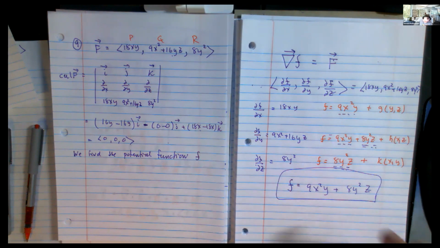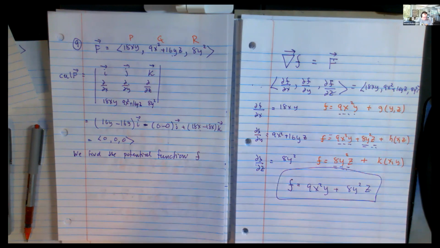But the cool thing is, if you know this guy, can't you do it? It only depends on where you start and where you finish, and it doesn't care how you got there. And if you're a conservative one, this works, right? And if you start at the same place and you zigzag around and you end up at the same place, won't the answer be 0 to the line integral?